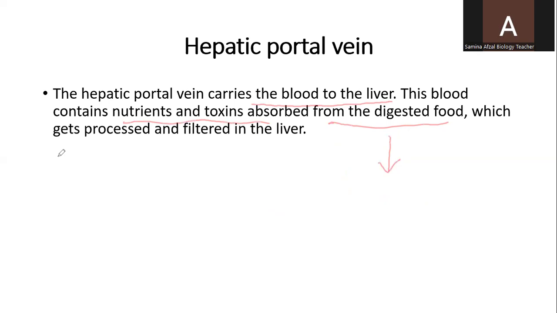The vein which takes them to the liver is called the hepatic portal vein. And then the food gets processed and filtered in the liver. In this way, the whole process of digestion takes place.